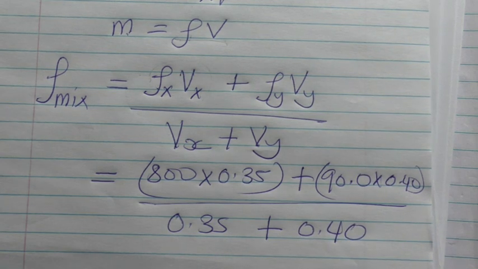So we now simplify this and we end up with the density of the mixture. That is how we do that. The trick here was we had to first find the masses, or we could express the mass in terms of density and volume. That's what we have done. The rest is just pressing your calculator and simplifying to the final answer.